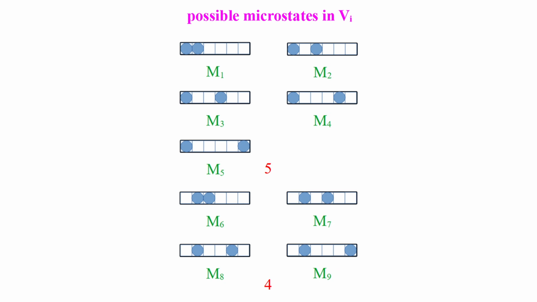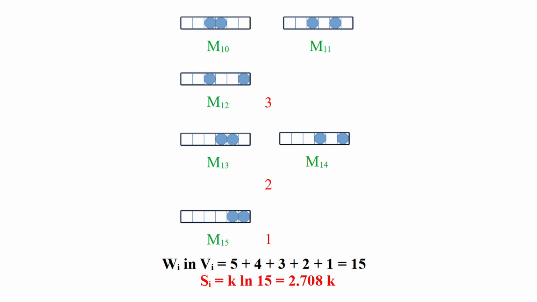In this case, we should not consider the second one in the first of the 6 cells, since it has already been taken into account when we consider the first particle being in the first cell in M1. Keeping this important rule in mind to avoid possible duplication and continuing this analysis, it is seen that next we get 3 microstates, then 2, and finally just 1.